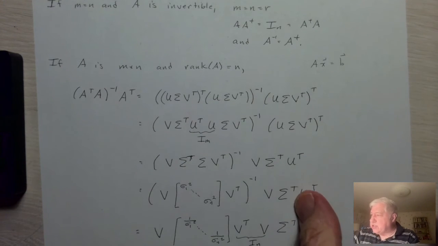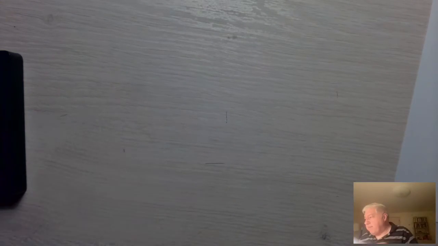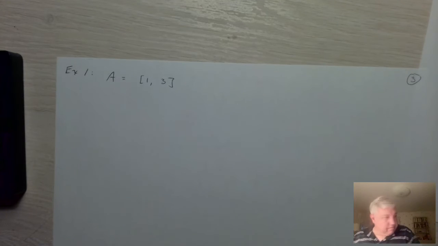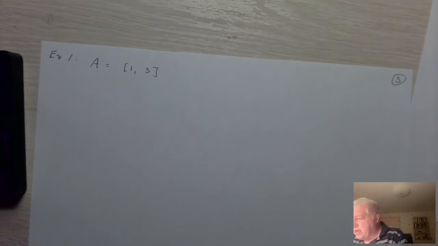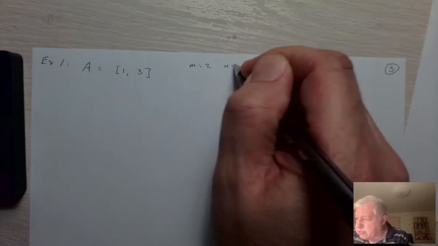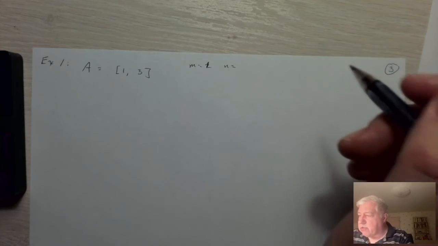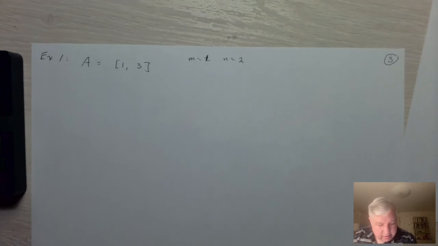Before that, let's just do an example. Some of these examples are a little stupid. The first one definitely is a little stupid. So here we're just letting A be a 1 by 2 matrix. We have 1 row and 2 columns, so this is a 1 by 2 matrix. Okay.